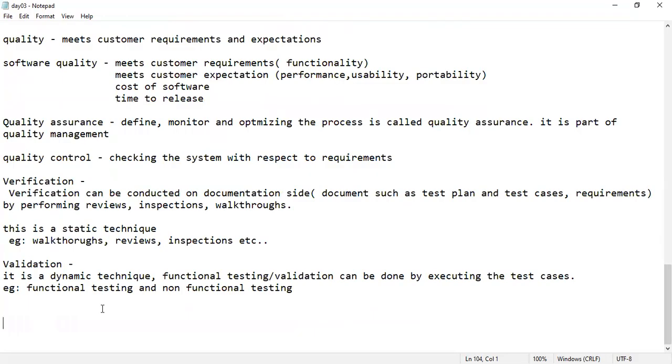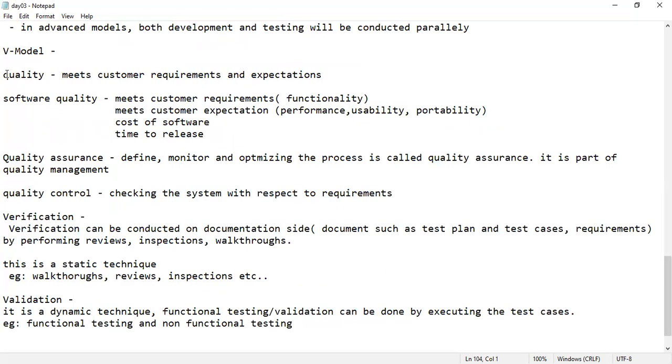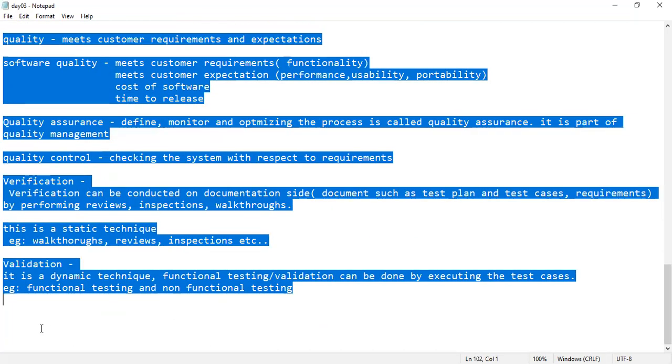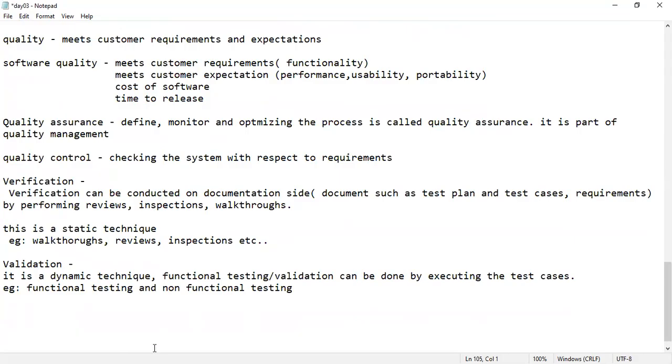V model. What is V model? These are all terms in the V model. Now we are going to explain what the V model is.